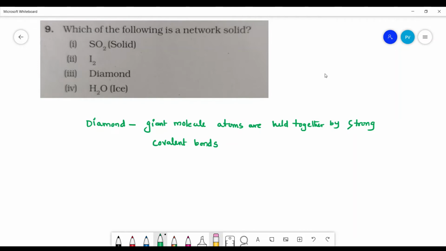So this is a network solid. So diamond is the correct option.